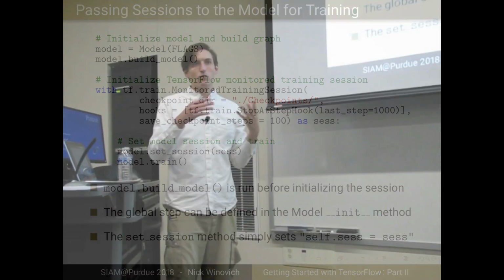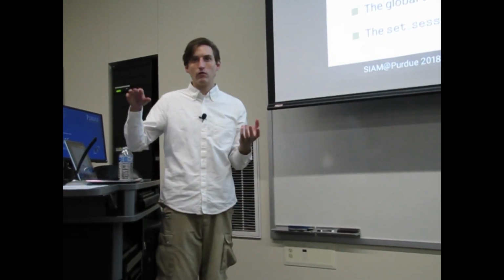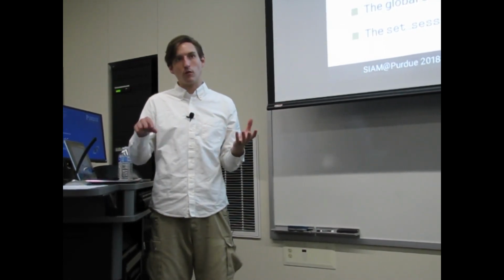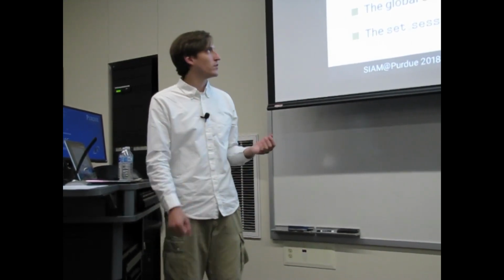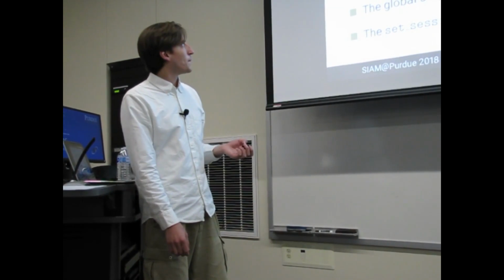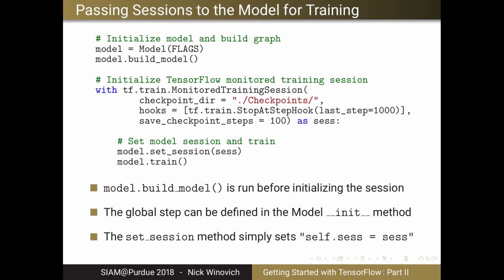We'll have a separate training session, and afterwards an evaluation session, which is just going to be a standard tf.Session. And then we can train after that. This is the workflow. Again, it's slightly different. We first initialize our instance of the class. We then set up a training session, and we pass that session to the graph.